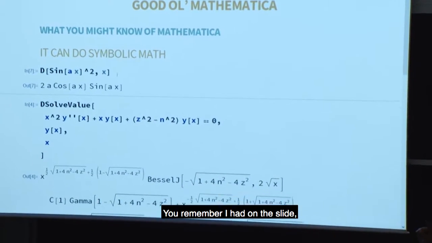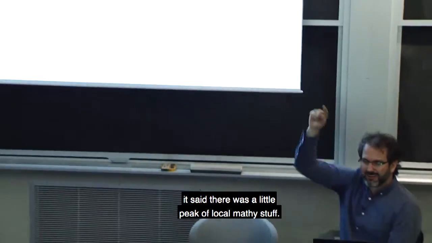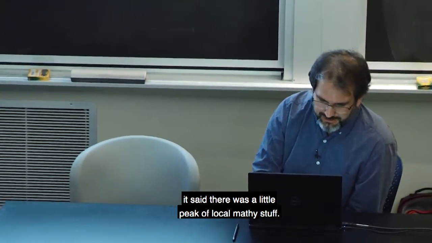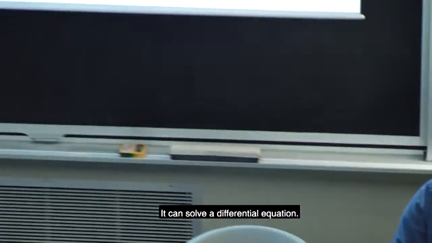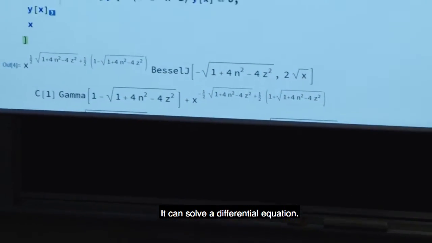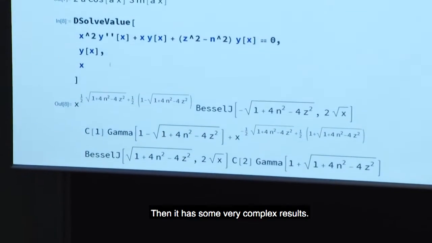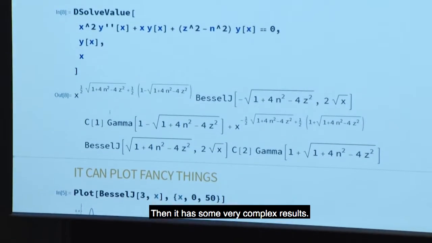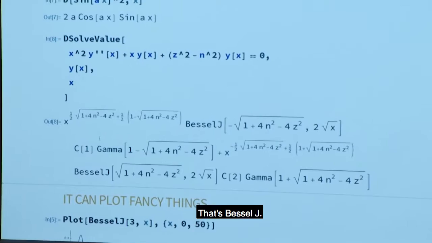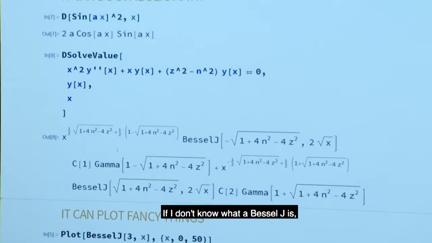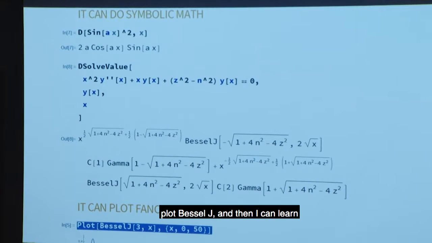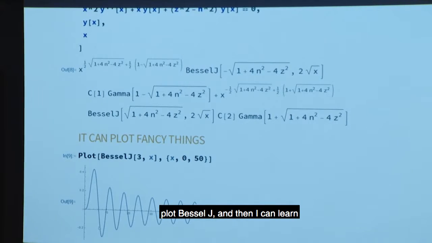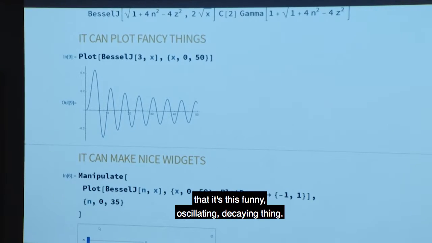You remember I had on the slide, it said there was a little peek of local mathy stuff. So it can take a partial derivative, it can solve a differential equation, and it has some very complex result that's a Bessel J. If I don't know what a Bessel J is, I can ask the system to plot Bessel J, and then I can learn that it's this funny oscillating, decaying thing.